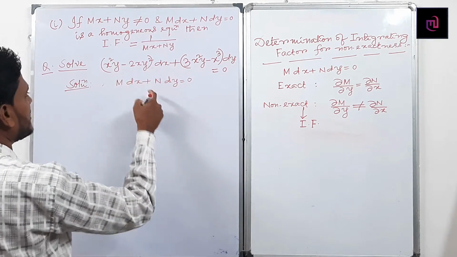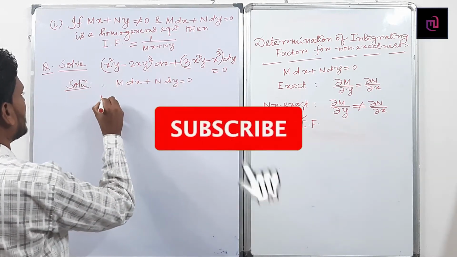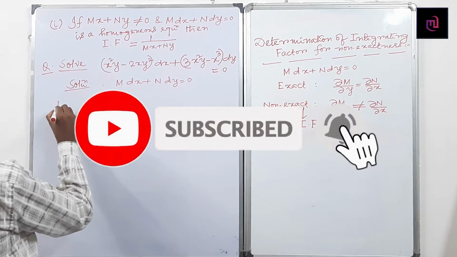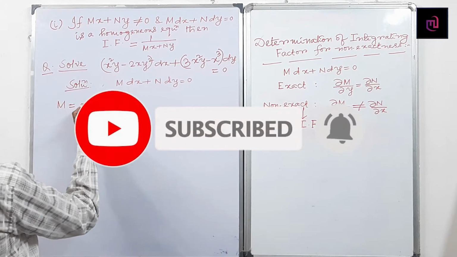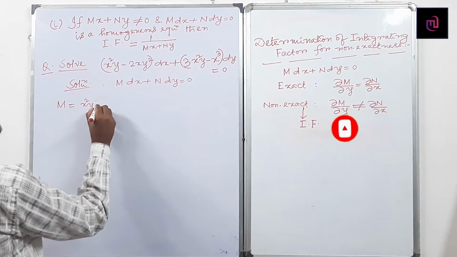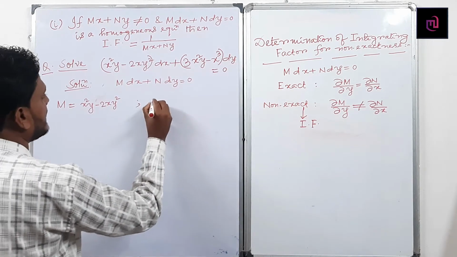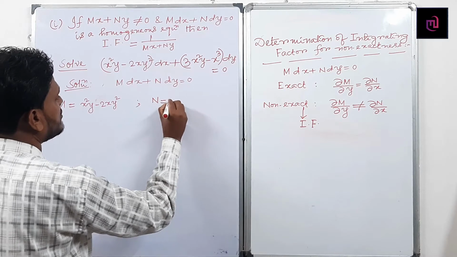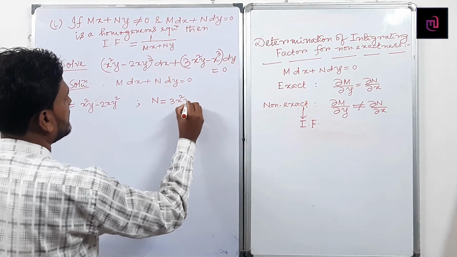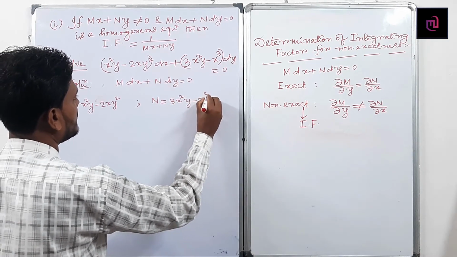First of all check it. If you compare these two equations, M equals x square y minus 2x y square, and N equals 3x square y minus x cube.